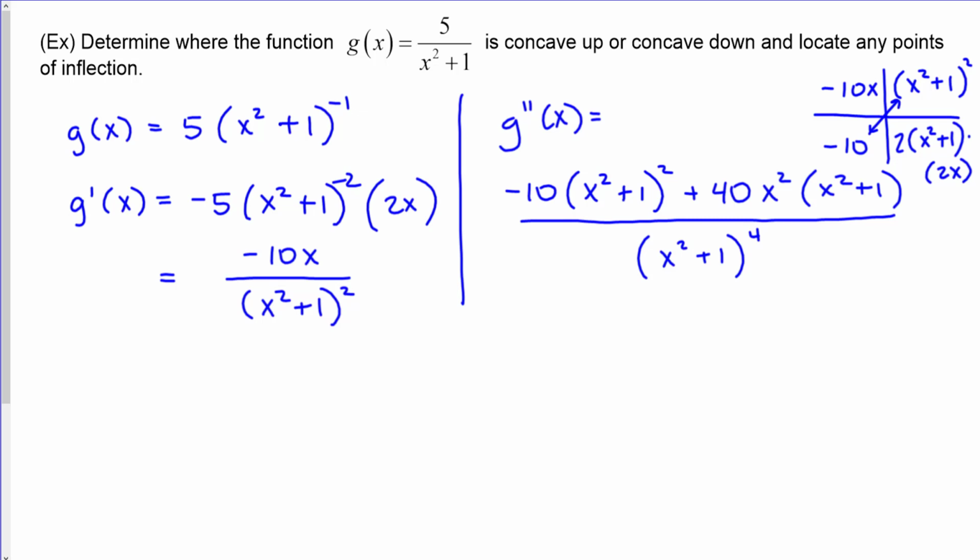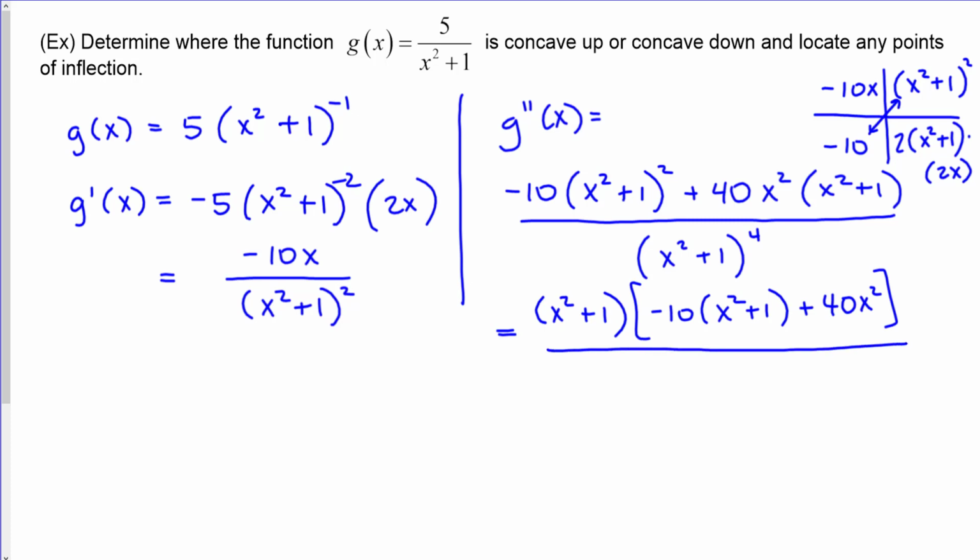So here's a thing that I notice I can do, is factor out x squared plus 1 from the numerator, which would leave me negative 10 times x squared plus 1 plus 40x squared over that denominator of x squared plus 1 to the 4th power. The nice thing about that is this term, x squared plus 1, cancels out one of these, leaving me with just x squared plus 1 to the 3rd in the denominator. That's a little bit better.